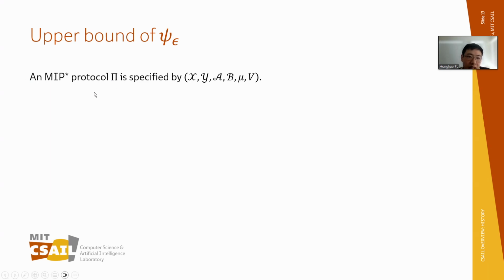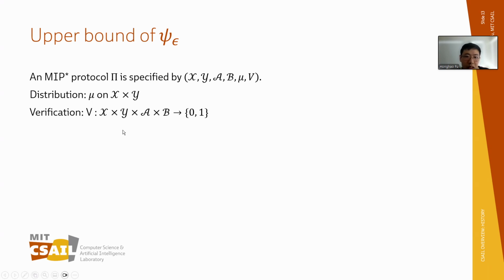We can specify an MIP* protocol by this tuple: the first two sets, X and Y, are the question sets, A and B are the answer sets, mu is the question distribution on these two sets, and V is a predicate that takes X, Y, A, B and determines whether the verifier should accept or reject.